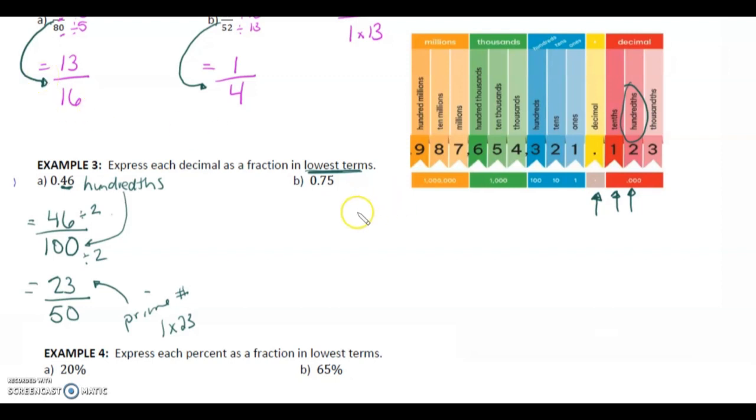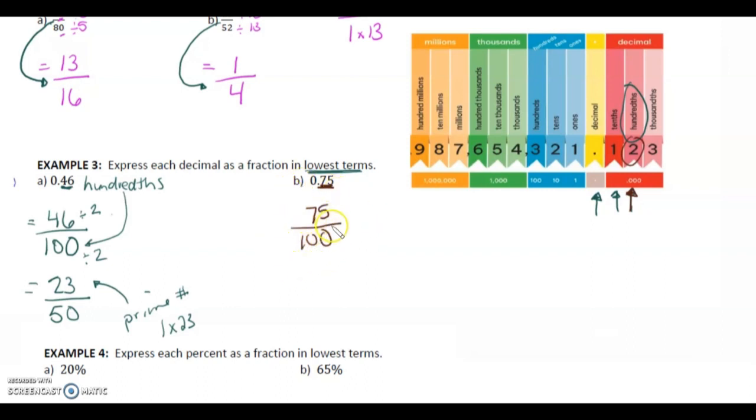All right, for B, we have 0.75. So again, this is 2 decimals, so we are going to divide by 100. In other words, like 2 zeros. So we're going to write the number after the decimal and divide by 100 because it's 75 hundredths.